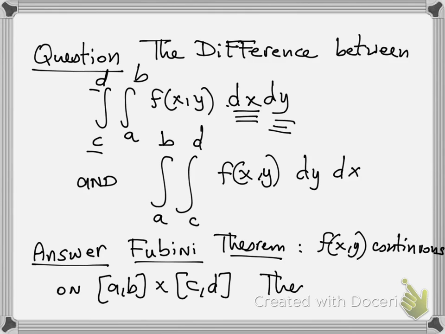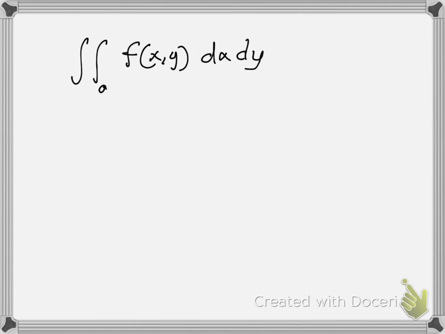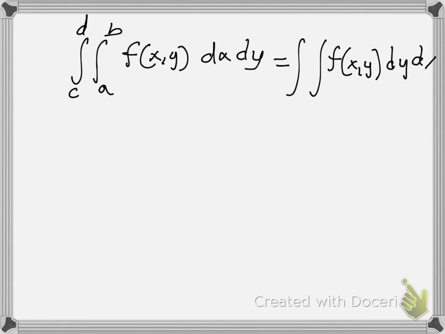Then the double integral of f of x, y, dx dy, x between a and b, y between c and d, is equal to the double integral of f of x, y, dy dx, y between c and d, and x between a and b. So if you change the order of integration, you get the same integral.